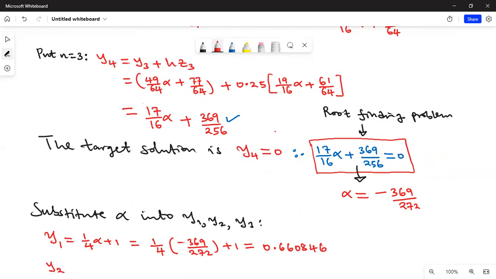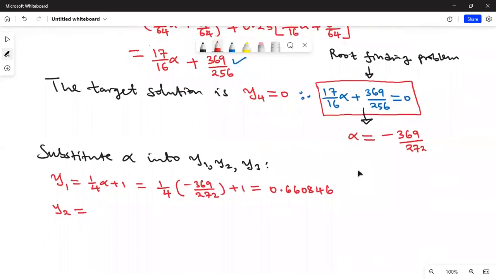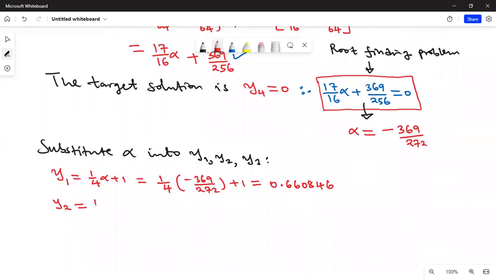Do the same to y2. Our y2 is 1 over 2 alpha plus 17 over 16, so that is 1 over 2 into negative 369 over 272 plus 17 over 16. And that should give you the value as 0.384191.